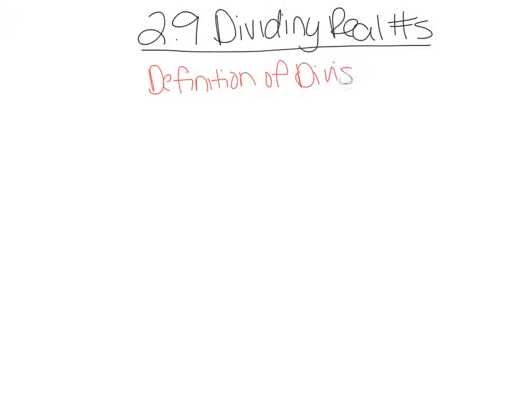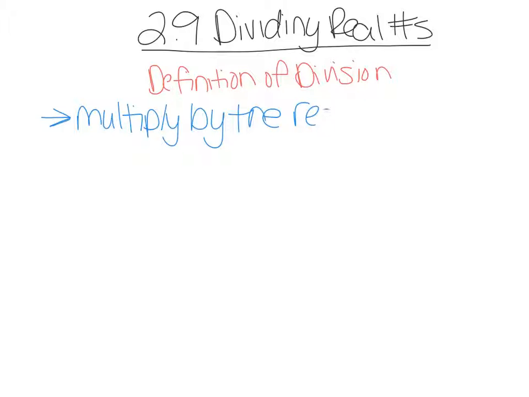Like when we talked about the definition of subtraction and how I said subtracting is the same thing as adding the opposite, there's a way we can think of division in the same way. Dividing by a number means the same thing as multiplying by the reciprocal, which is what we talked about yesterday.